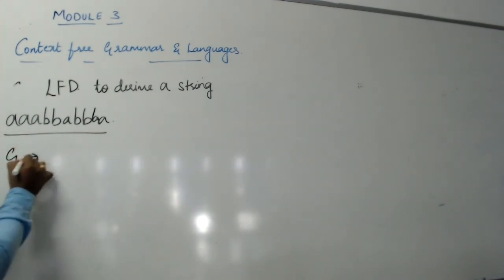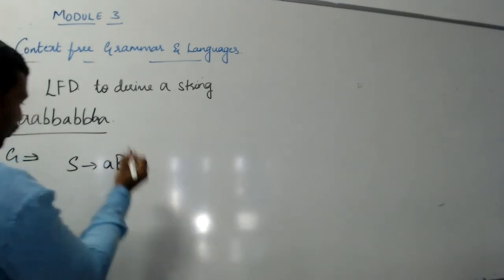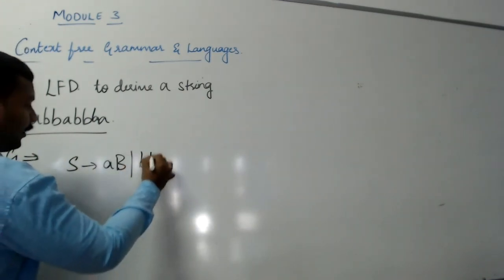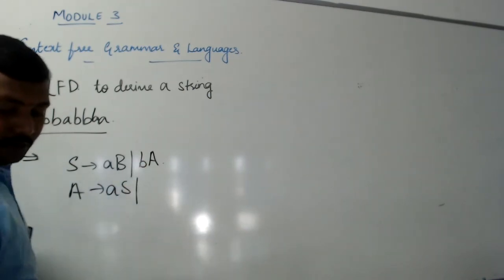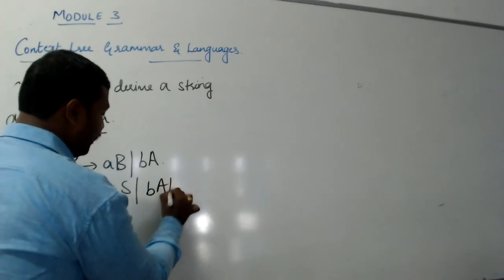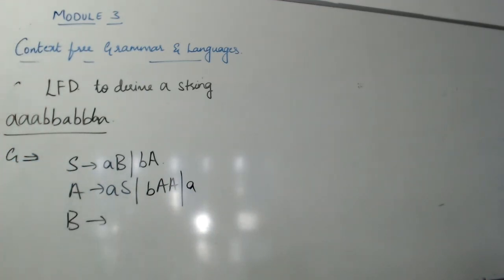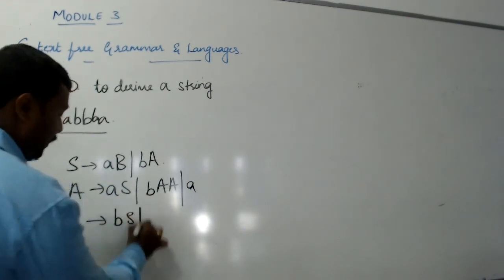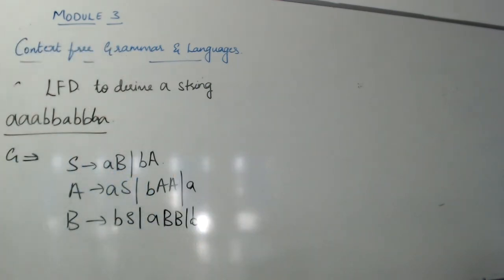So what is my grammar? The grammar given is S tends to AB or S tends to BA, and A tends to AS or BAA or A, and B tends to BS or ABB or B. Using this grammar, you can apply S as AB or S as BA, A as AS or A as BAA, or S tends to A. You can apply any type of productions.